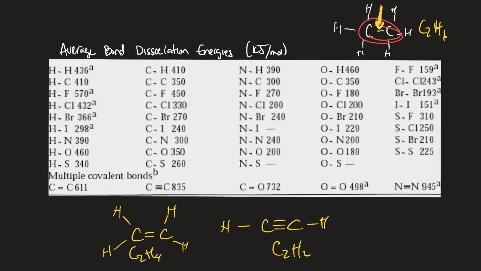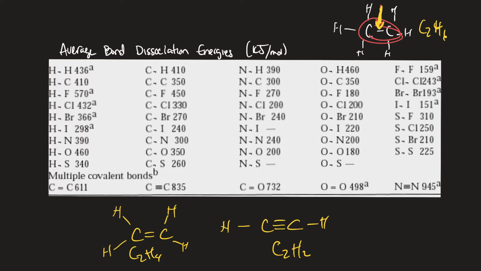So what does that tell us? Because it has a greater bond dissociation energy, a triple bond is more stable than a double bond, which is more stable than a single bond. The more stable it is, the less reactive it is. So we can say that this molecule is probably less reactive than something like C2H6, which honestly is the case.